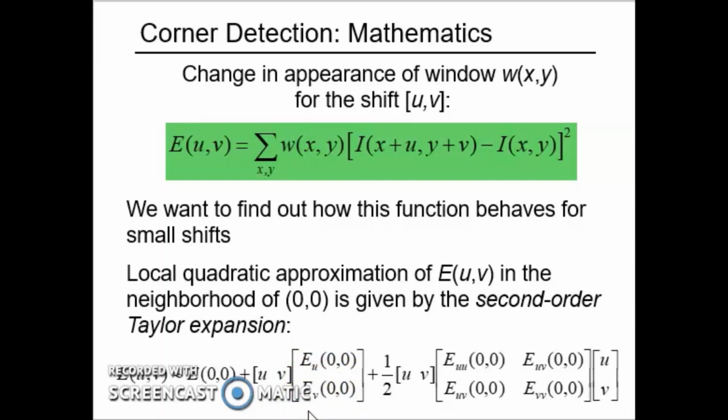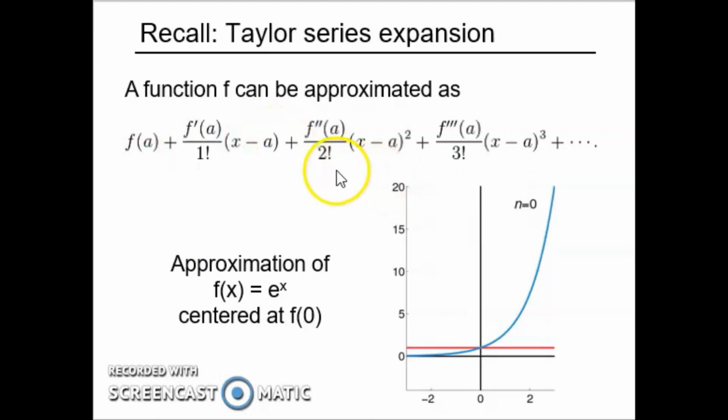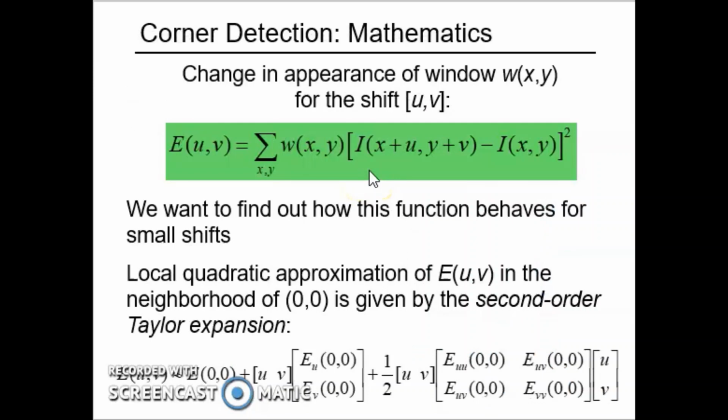Since we have a two-dimensional function, the first derivative will obviously incorporate the derivative in both the directions multiplied by u and v. And over here then we have the second derivative multiplied by x minus a squared.